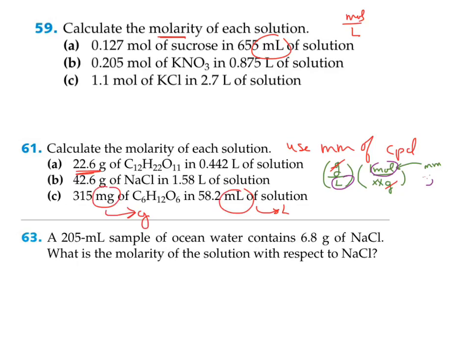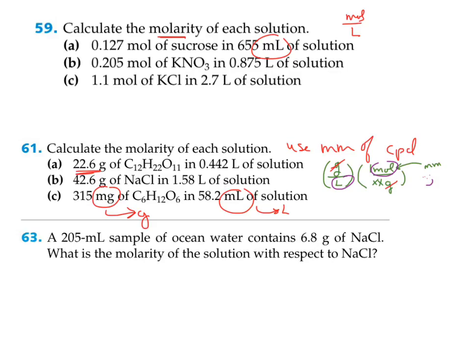And then don't let C throw you off. Now in this case, the mass is given not in grams but milligrams. So don't forget, 1 gram is equal to how many milligrams? Yep, 1,000 milligrams. So you're going to have to put that somewhere in there.